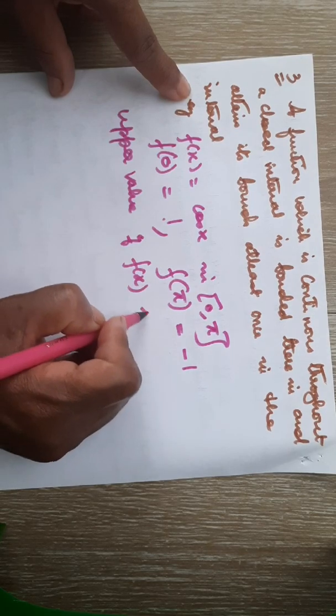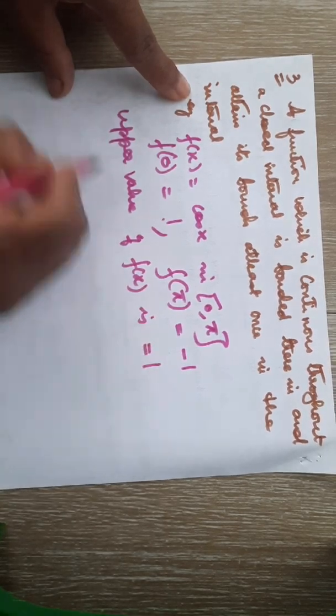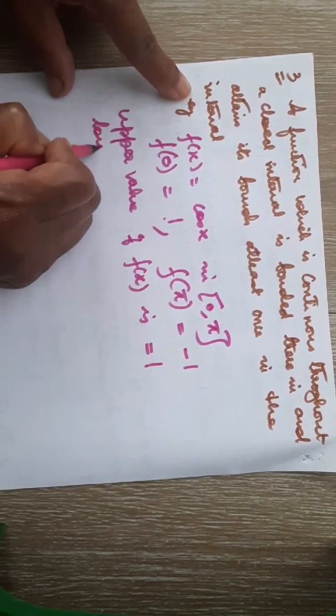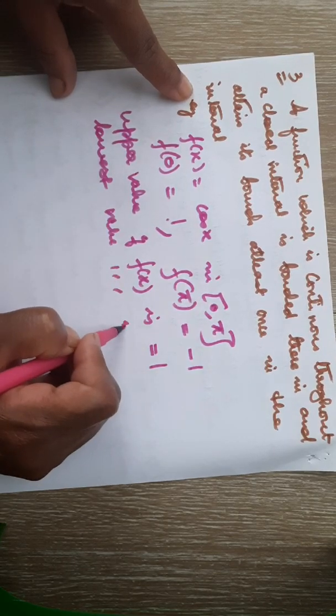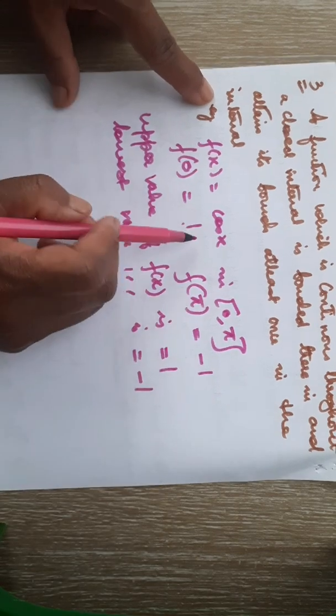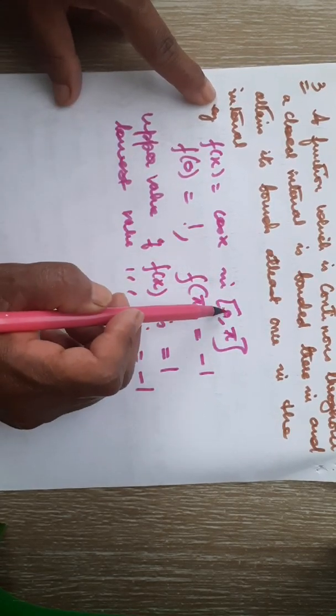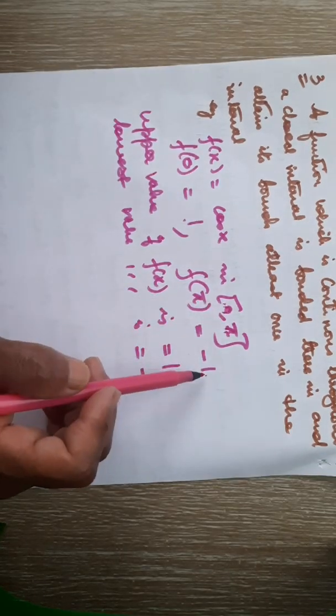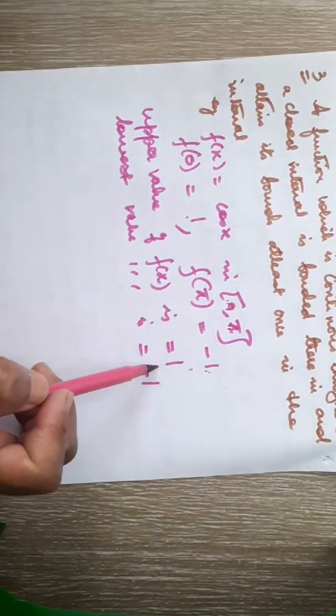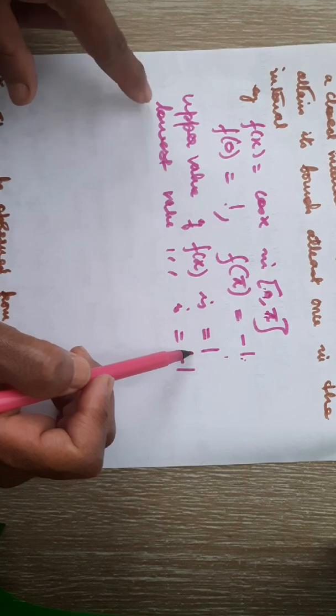It is equal to 1. And what is the lowest value of f of x? It will be minus 1, because the rest of the values will always lie between minus 1 and 1 by applying the second property.